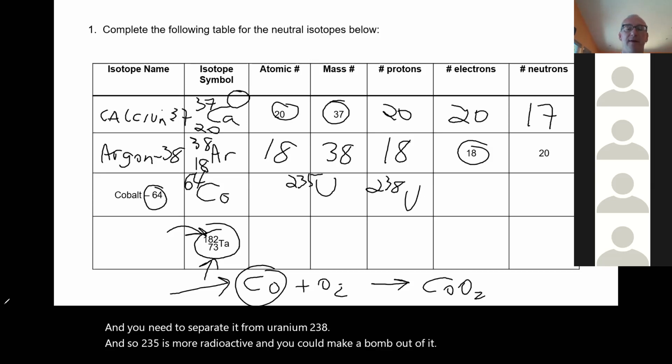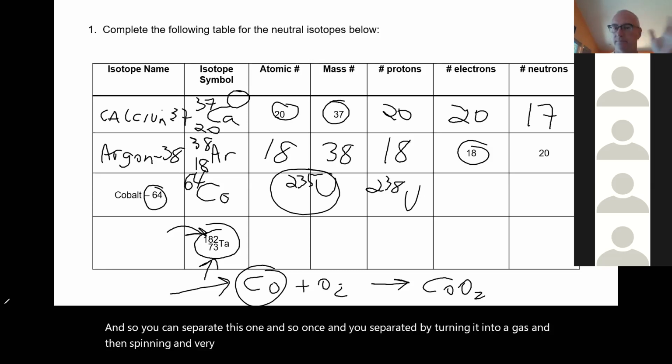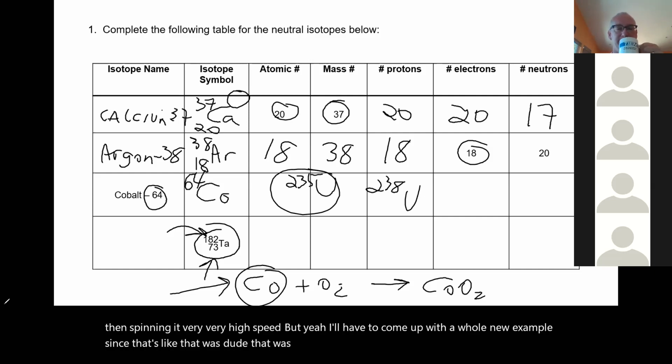You separate it by turning it into a gas and then spinning it at very, very high speed. But I'll have to come up with a whole new example, since that was like 20 years ago. Never mind.